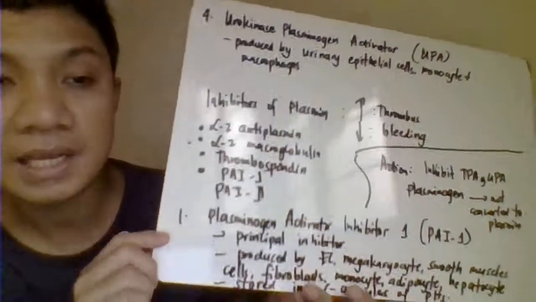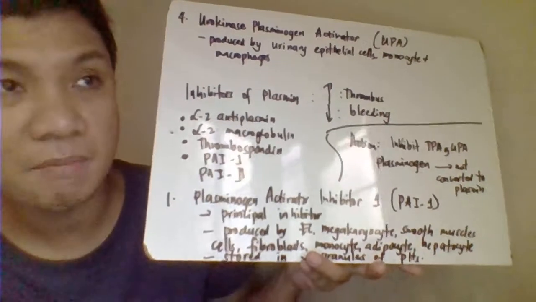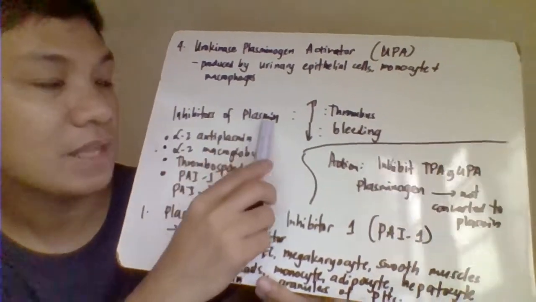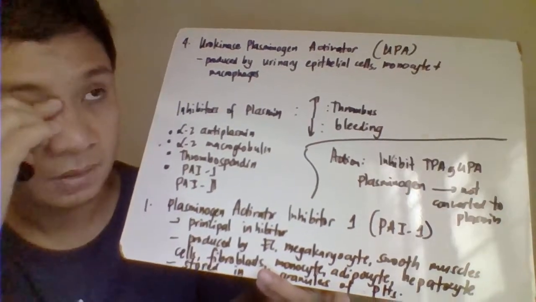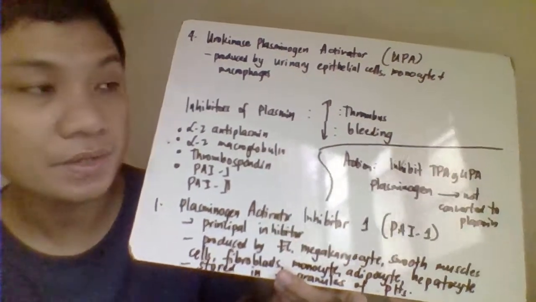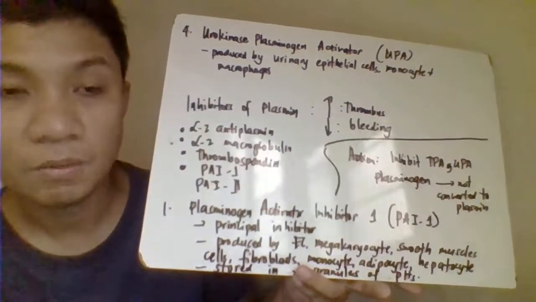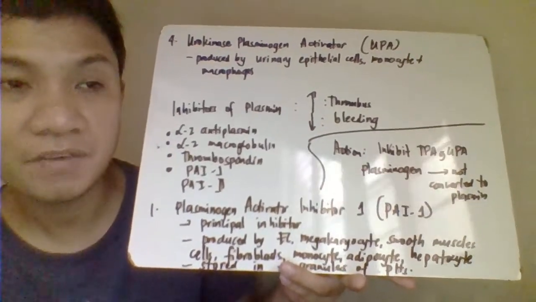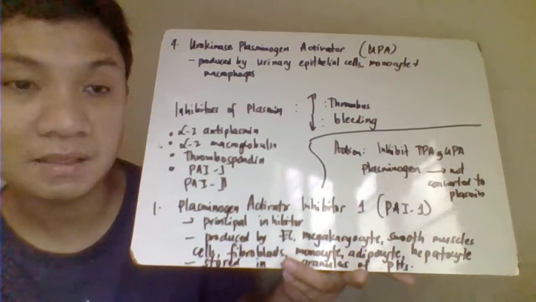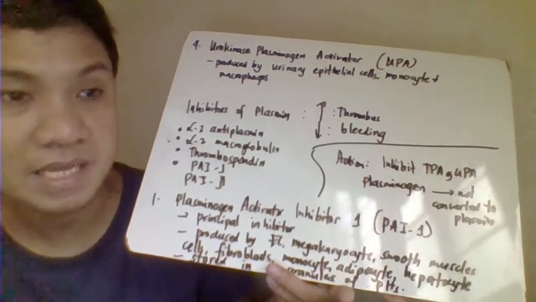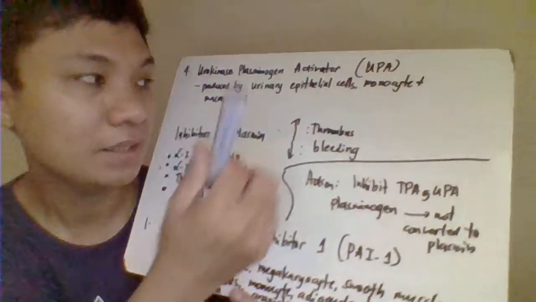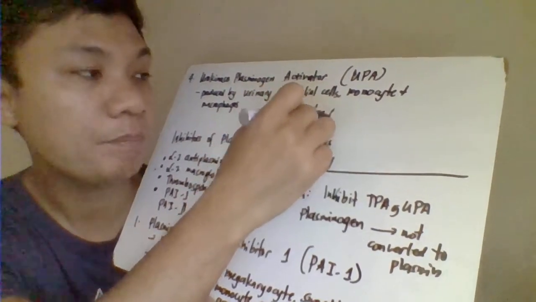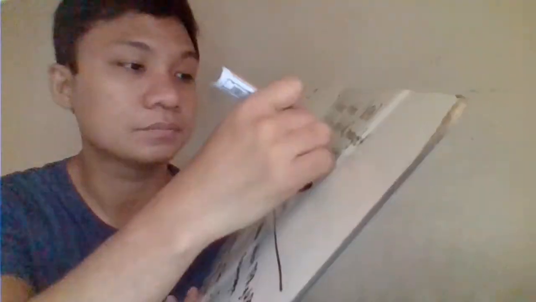Okay, now we go to the inhibitors of your plasminogen. Okay, in the presence of high concentration of the inhibitors, pag madami kang inhibitors, that results to your thrombus formation. Why? Because pag madami kang inhibitors, much of your plasminogen will not be converted to your plasmin.